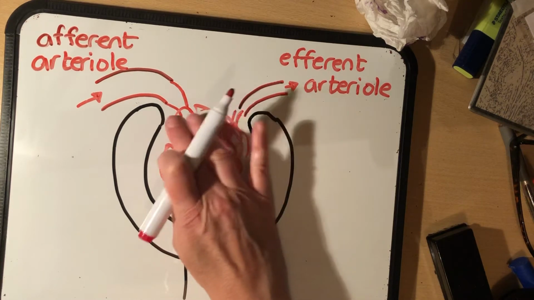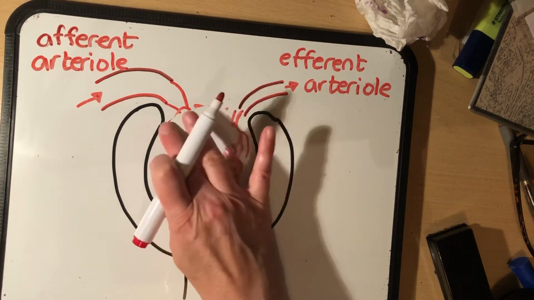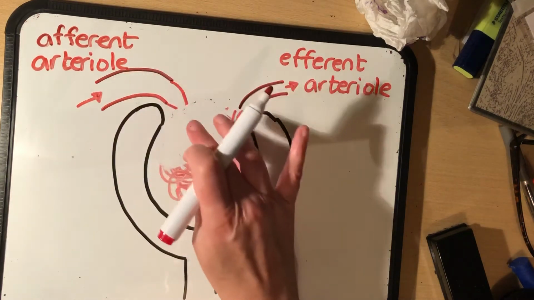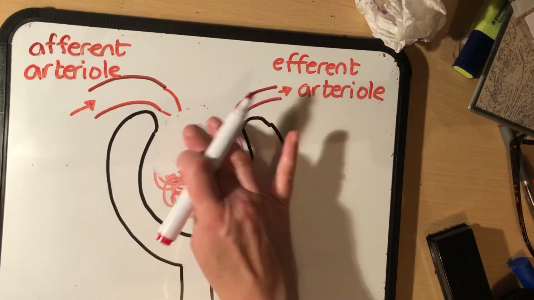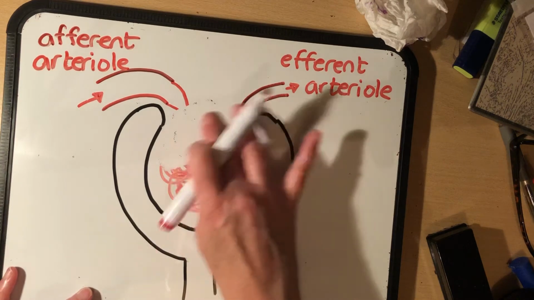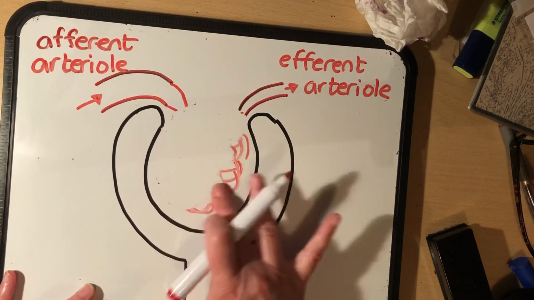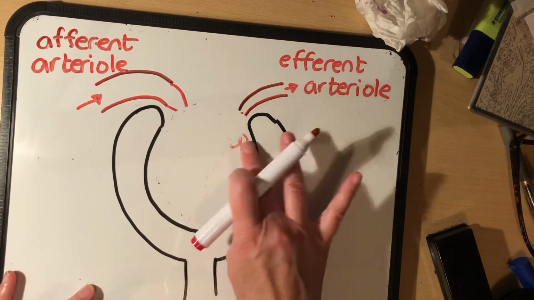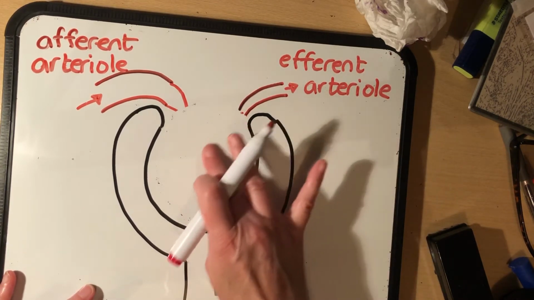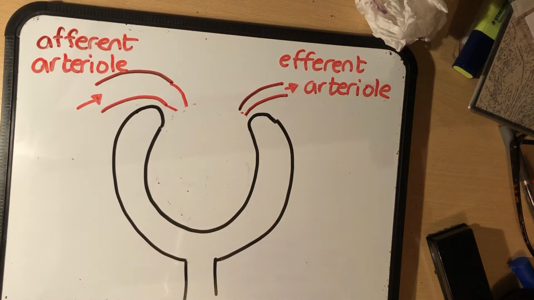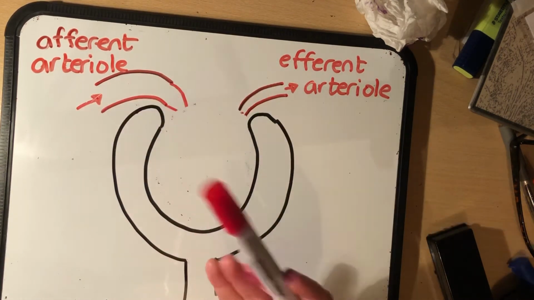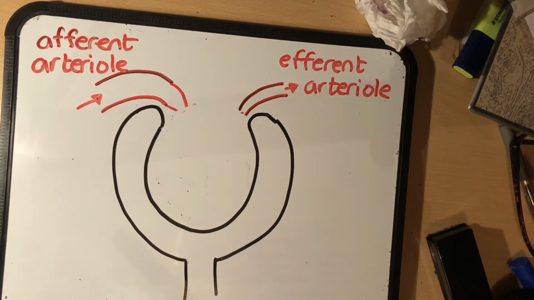I'm gonna just get rid of this bit for now. The blood flowing in here is under high pressure because it's not that far from the heart. The blood leaves the heart through the aorta and travels a relatively short distance until it reaches the renal artery, and then once it gets into your kidney, it splits up into arterioles. So we've got high hydrostatic pressure because of its proximity to the heart, the relatively short distance it has to travel.